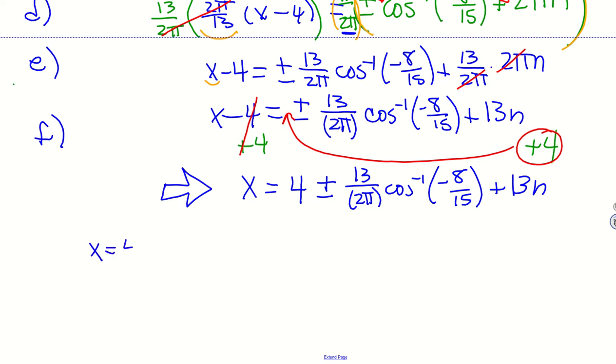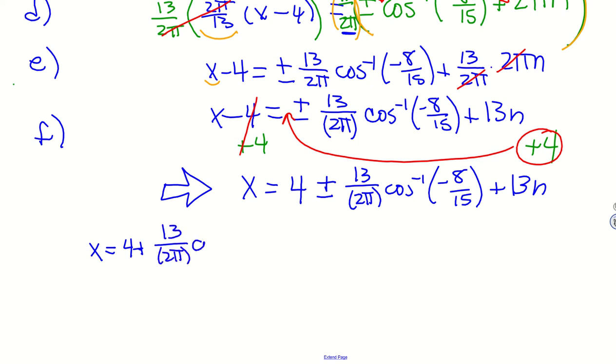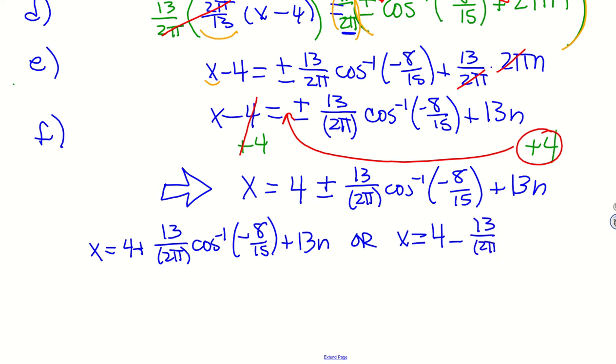So I have x equals 4 plus 13 over 2 pi times the inverse cosine of negative 8 over 15 plus 13n, or I have x equals 4 minus 13 over 2 pi times the inverse cosine of negative 8 over 15 plus 13n.